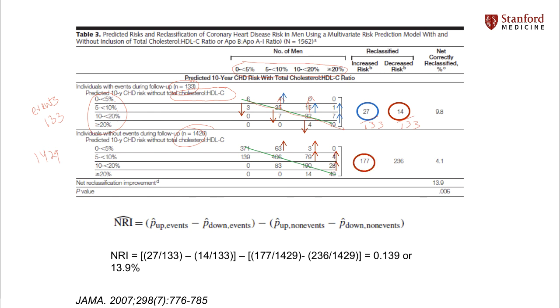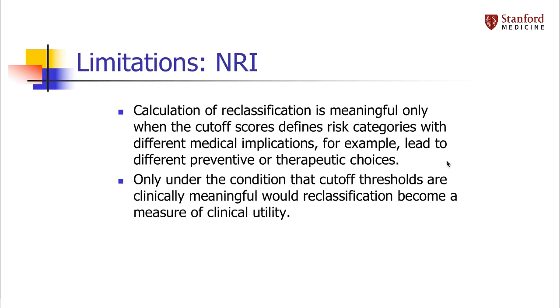Well, 177 went up, but more, 236 went down as they should. And again, you can calculate the percentage of those out of 1429. So the net correctly reclassified turns out to be 4.1%. So you do better on 13.9% of people, the sum of these two. And that was a statistically significant NRI.